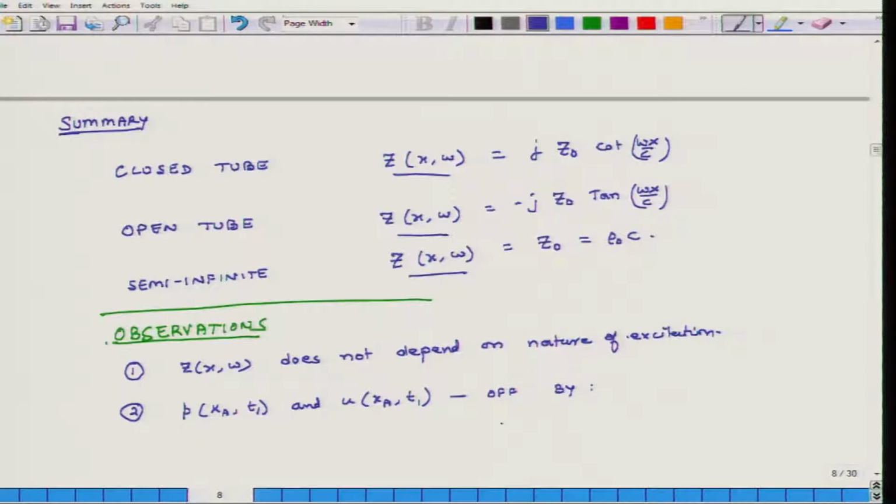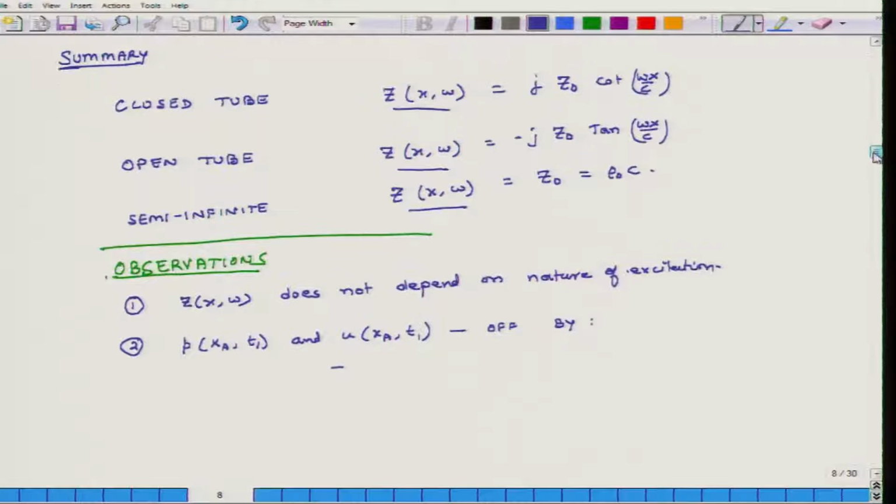So, let us write down these three things. The phase, so essentially they are off by 90 degrees in case of what? Closed tube, right, because which means that if u is at 0 degrees, then pressure will be at 90 degrees, then only we will have this j component. Okay.